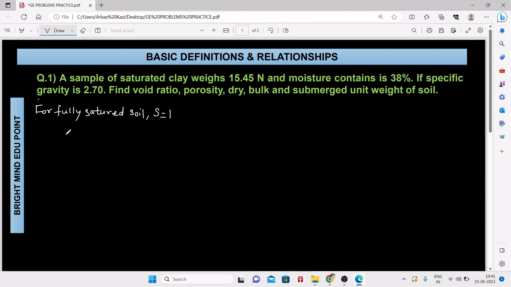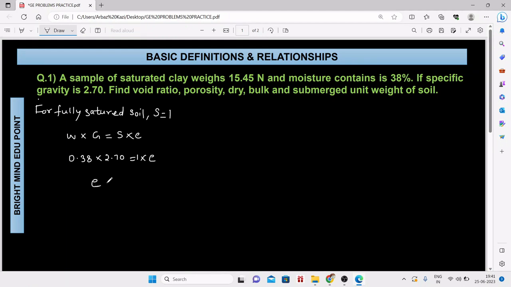So we'll use one of the relations, that is w times G is equal to S times e. With this equation, we'll find out the value of void ratio. Now water content value provided to us is 0.38. It is provided in percentage, we'll be converting it into a fraction. Specific gravity is 2.7, S value is 1, and the only unknown in this case will be e.